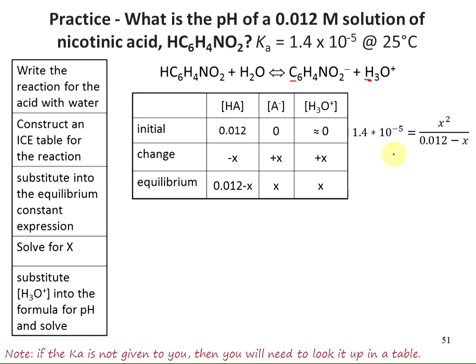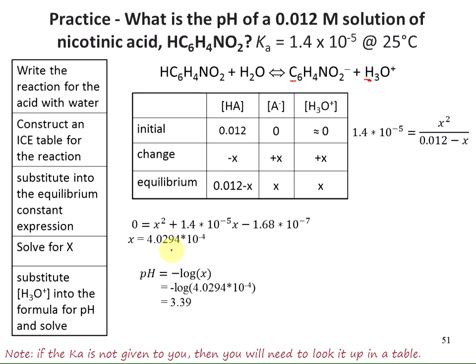So I'm going to multiply both sides by the 0.012 minus X and move the X squared to the other side. And we can use the quadratic formula to solve for X. If you were to do the math for this, you get an X value of 4.0294 times 10 to the minus fourth. Now X is the concentration, remember, of our A minus and our hydronium at equilibrium.